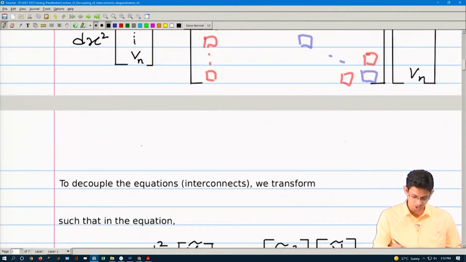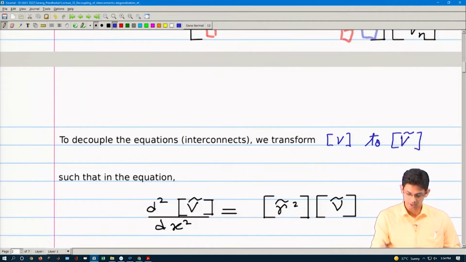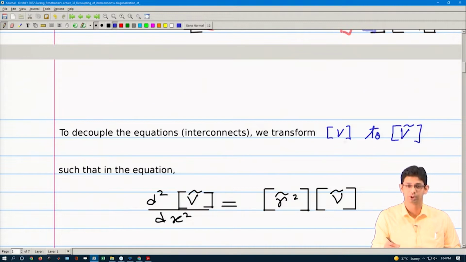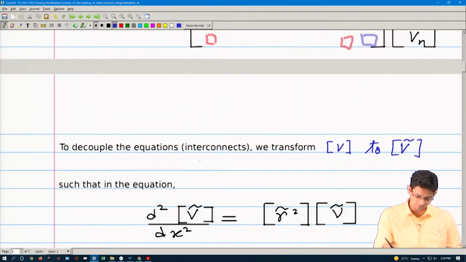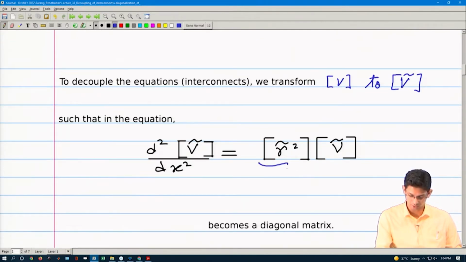So, to decouple these equations, what we do is we transform your V to V tilde in general, and this transformation should be such that after this transformation you should get the differential equation like this, where this now becomes a diagonal matrix.